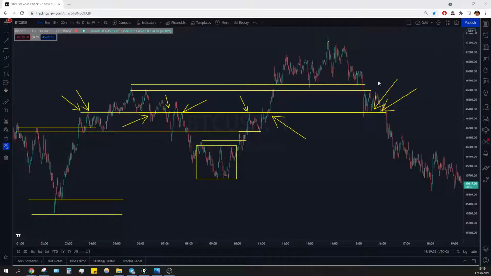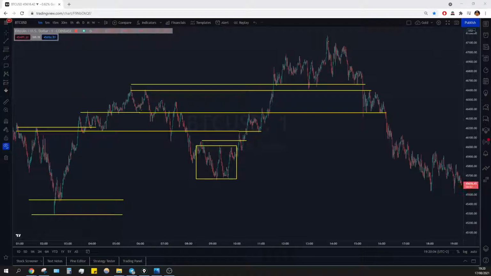Here, here, here, here. And that is what a price sensitivity area is: an area sensitive to price that causes something to the price every time it touches it. And then we see here exactly this level as before.